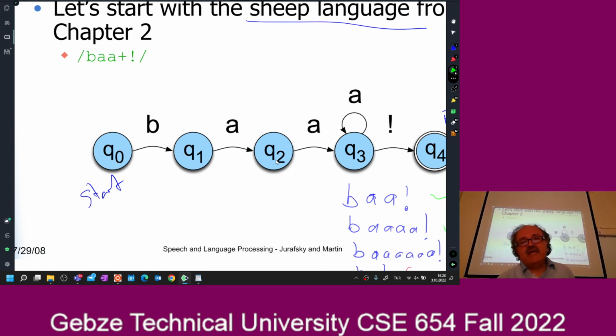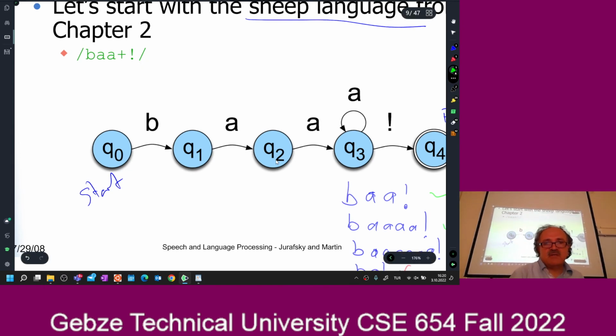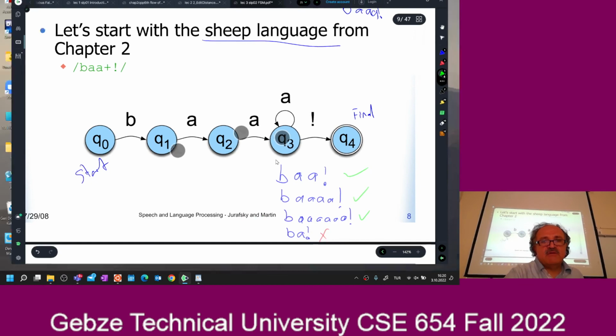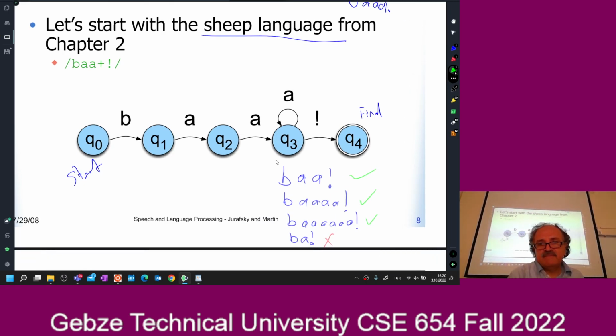Then you can have as many A's as you like, but at the end I should have an exclamation mark. That's a regular expression, and this is the corresponding finite state machine. Okay? So you might think that, well, Turkish is a little bit more complicated than this, and you are right, but we are just starting to look at the problem in a very simple way.